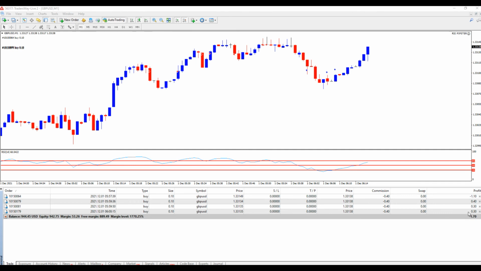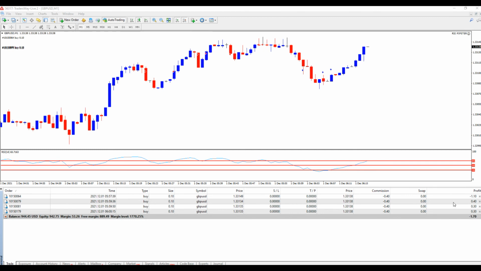So we will let this get to, I forgot what we said, I think $1 and some change or $2 and some change. So we will let this go up just a little bit, and I'll close these trades out, and then we can go into evaluating our trades to see how many wins and how many losses we took.